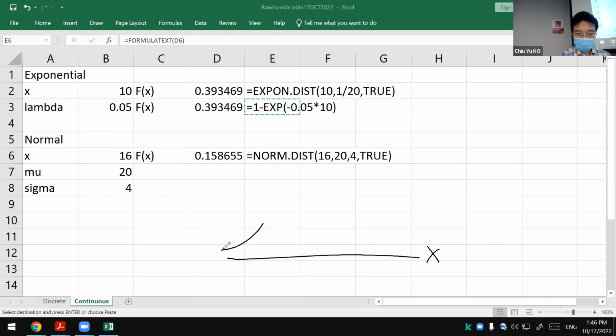The bell has a mean of 20 and the SD is 4. So the question we're doing is 16, so it's here.